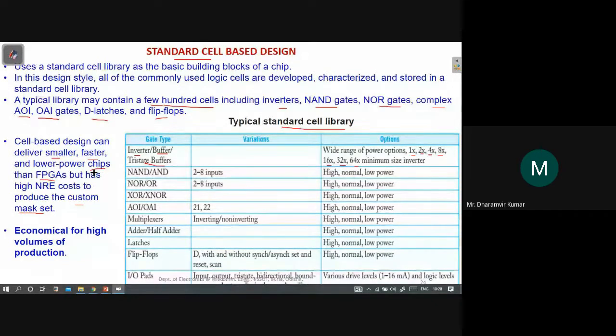Okay, but when you compare it to the previous approach, that is the full custom design, what would be the advantage? The benefit is that it will take less time as compared to the previous approach. Okay, and what about the performance? Can you guess? Better.